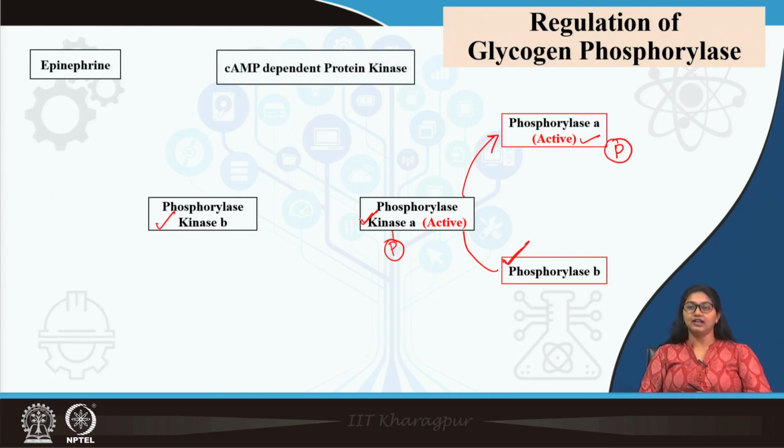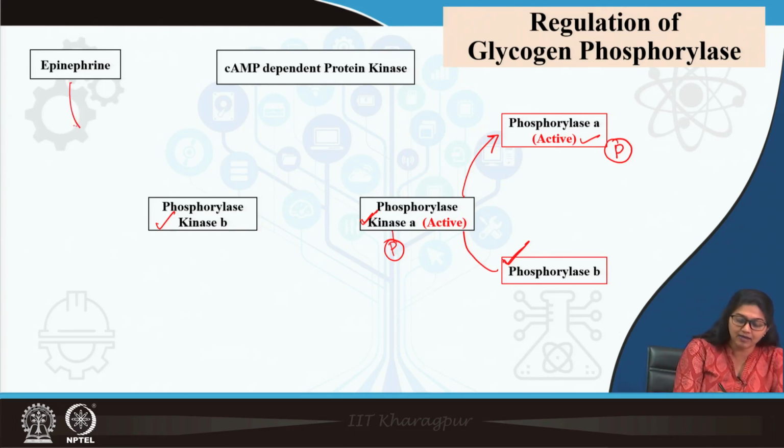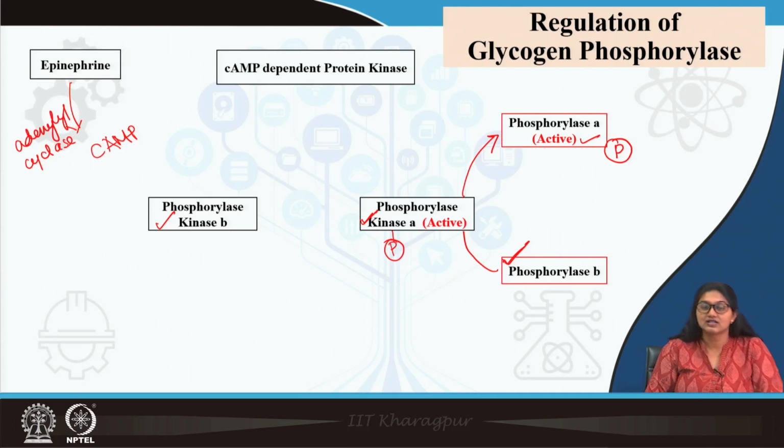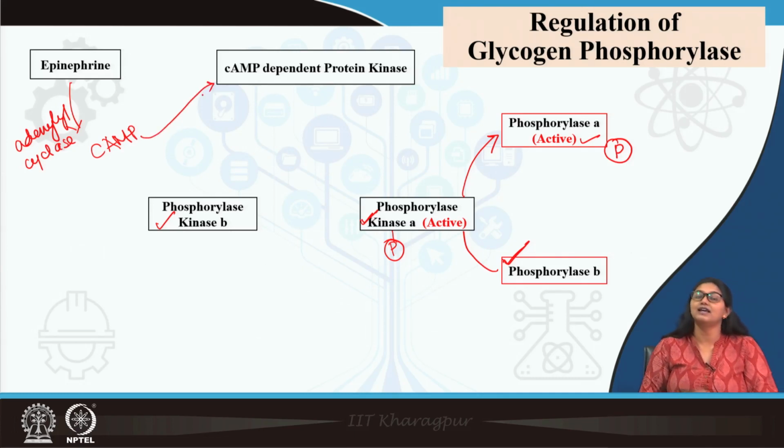What is that enzyme cascade? Epinephrine forms cyclic AMP with the help of the enzyme adenylyl cyclase. This cyclic AMP activates cyclic AMP dependent protein kinase.